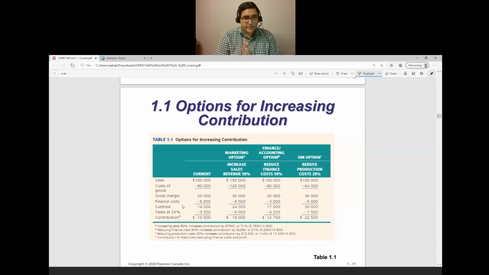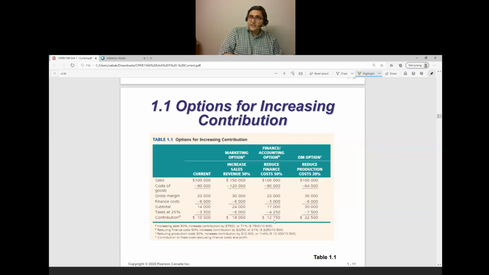Finance cost is something like, for example, you have taken a loan, you have your own place where you are doing your business, you have taken a loan from a bank or some other lender, and you are paying monthly, say for example, $6,000 as interest. But if you are looking for another lender who can provide at a lower cost, for example, if it reduces from 6,000 to 3,000, you can see that there has been an increase in the contribution.